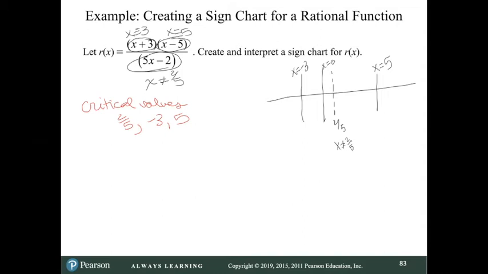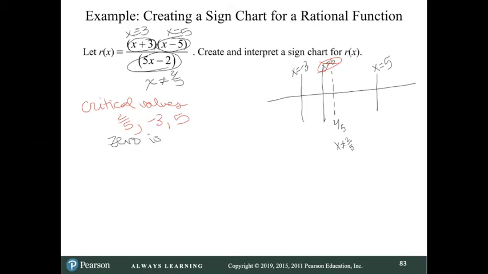Where our x value makes our whole function equal to 0 or makes the whole function undefined. Essentially, when is it 0 in the numerator or the denominator? And the reason this is important is because that's where it could change from positive to negative. Okay, so notice 0 is not one of our critical values. I put it there to help us visualize how a sign chart comes from the graph, but 0 is not one of our critical values. So I'm going to go ahead and copy my sign chart without the 0.